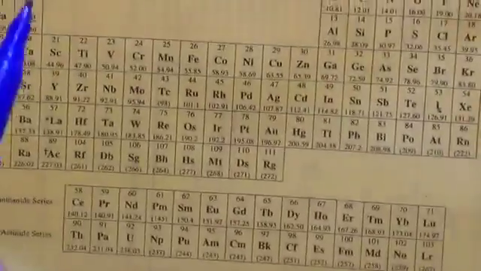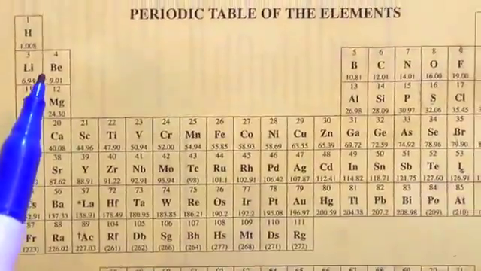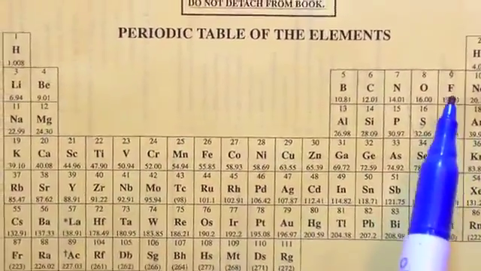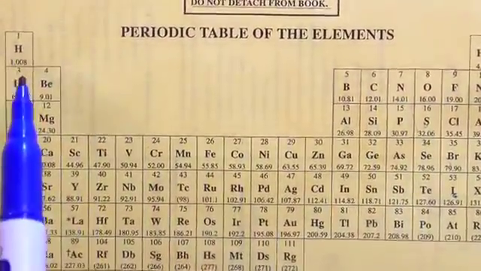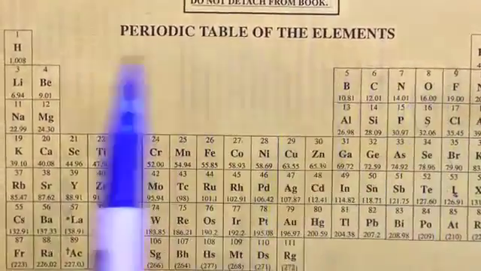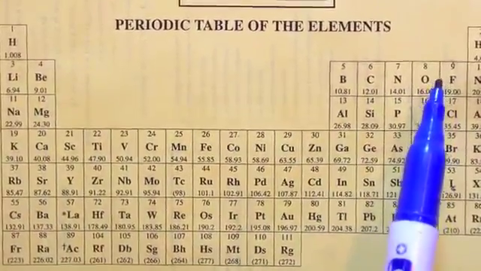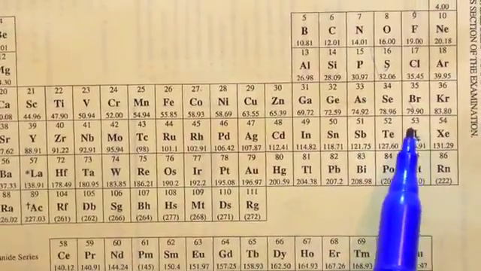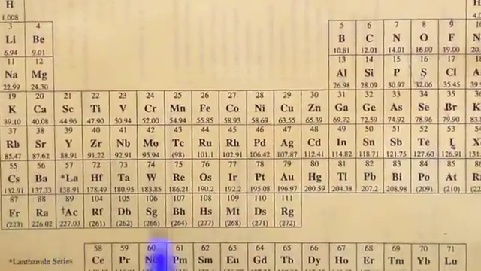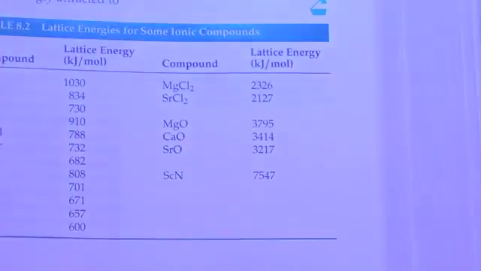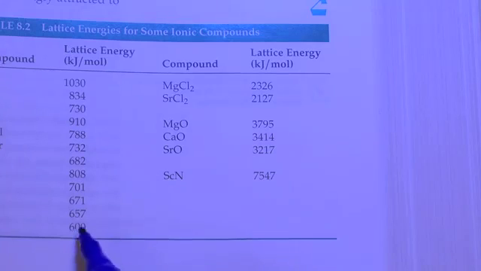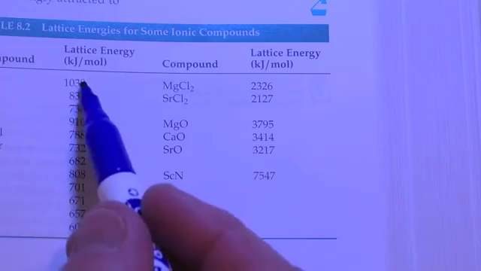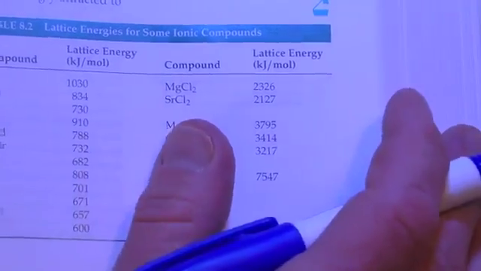Lithium and fluorine are going to have a small distance between the two because their ionic radius is fairly small at the top of the periodic table, whereas cesium, way down here, is going to have a much larger atomic radius. And you remember, distance is inversely proportional to lattice energy, and so this is why this lattice energy is much, much smaller than this lattice energy right up here.